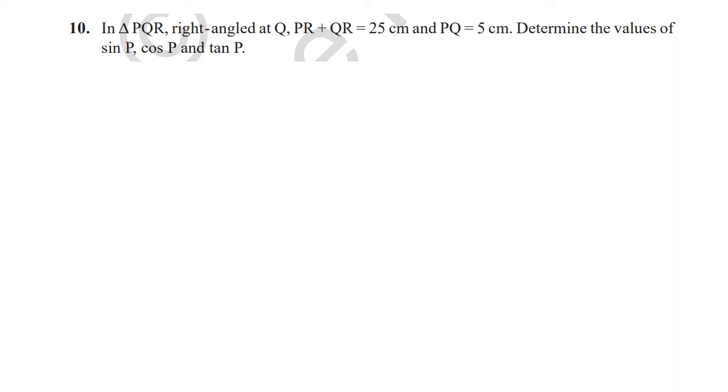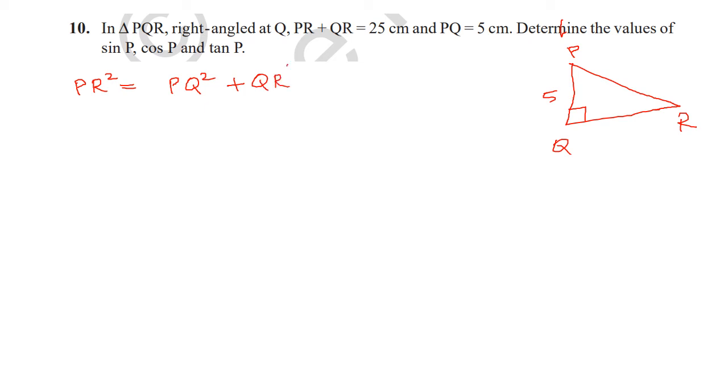So we have triangle PQR, angle Q. This is 5, P, Q and R. We have, from Pythagoras theorem, PR square is equal to PQ square plus QR square. We are taking QR to the other side, so we get PQ square is equal to PR square minus QR square.